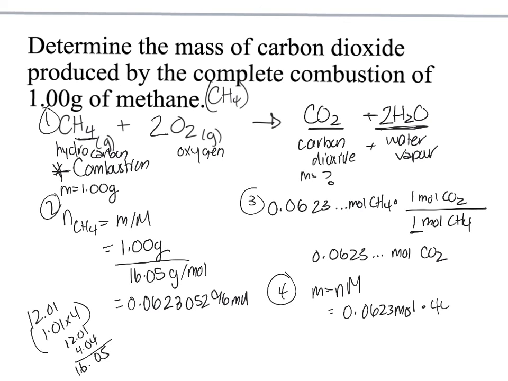Gives me 44.01 grams per mole. So now we're going to take that and multiply it by our 0.623052996. And I get 2.74 grams that I'm going to make. Good.